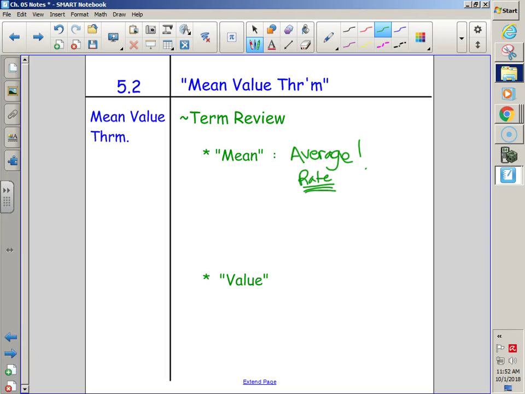What's the formula for average rate? Thank you. F of B minus F of A all over B minus A. Man, I really fried you guys with the absolute value piecewise. Man, did not expect that. Okay. Value.